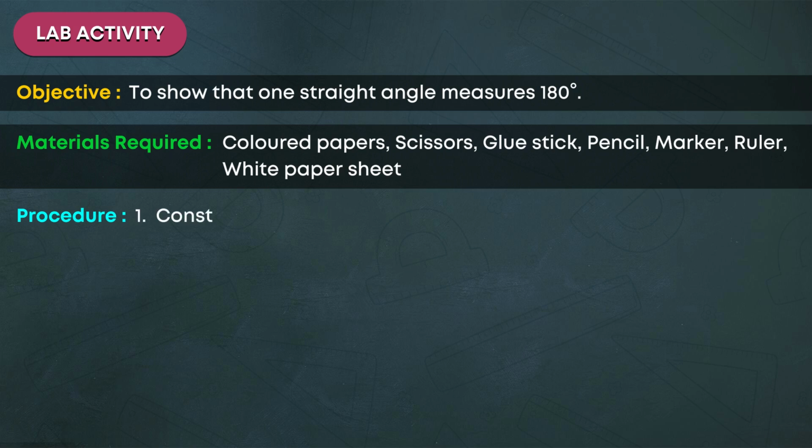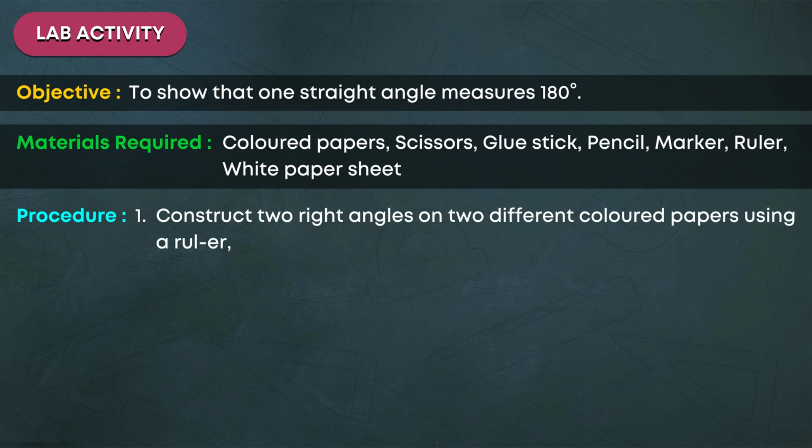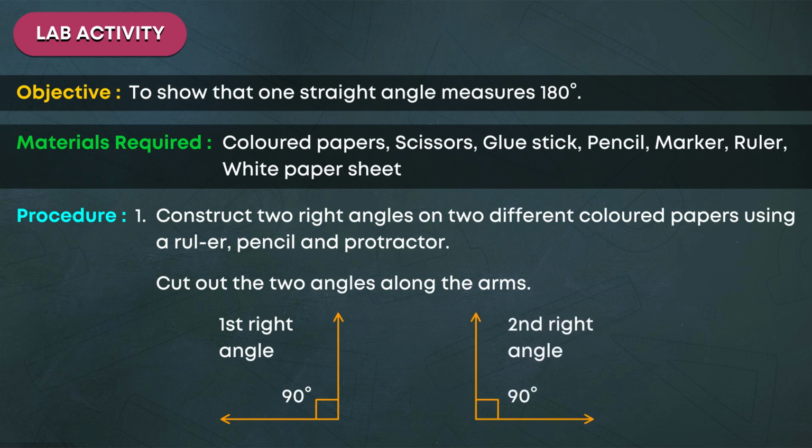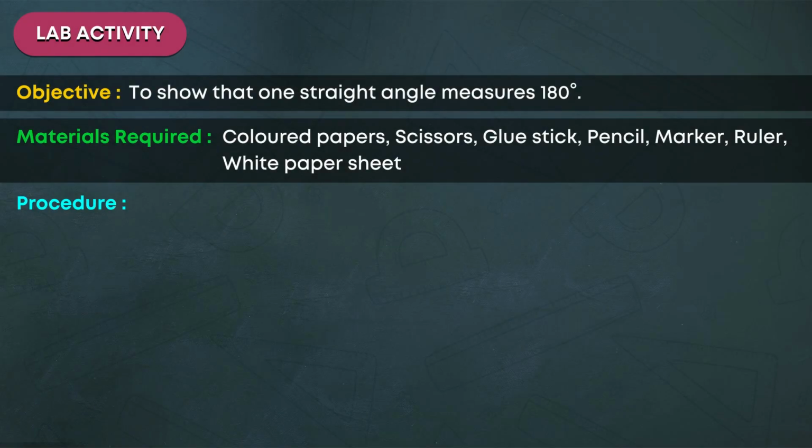1. Construct two right angles onto different colored papers using a ruler, pencil and protractor. Cut out the two angles along the arms. First right angle. Second right angle. 2.